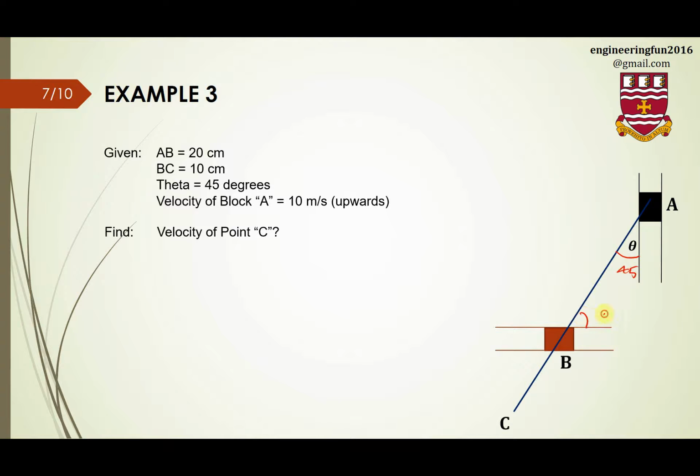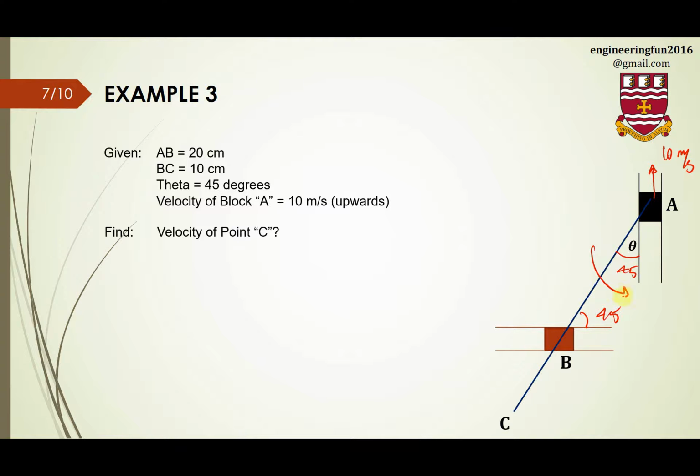So we know that this is 45, and the velocity of point A is the same as in the previous question. This is 10 meters per second, and this is 20 centimeters, and this is 10 centimeters. Okay, I can remove these numbers here.